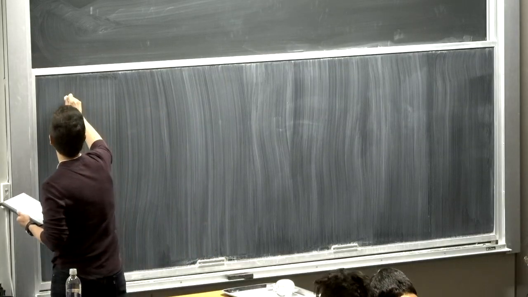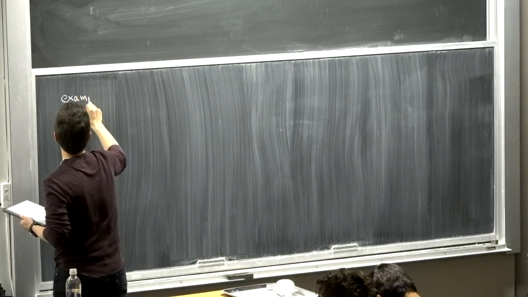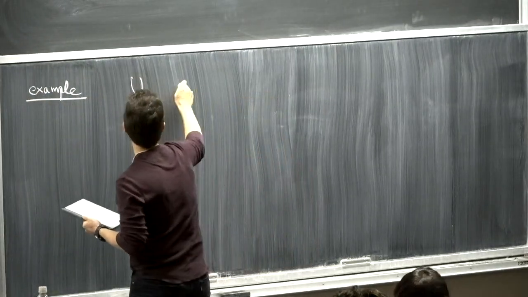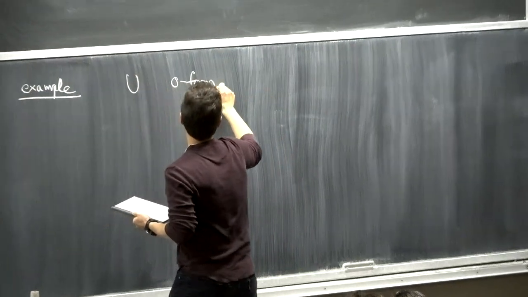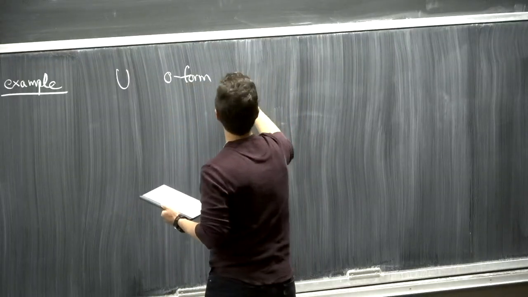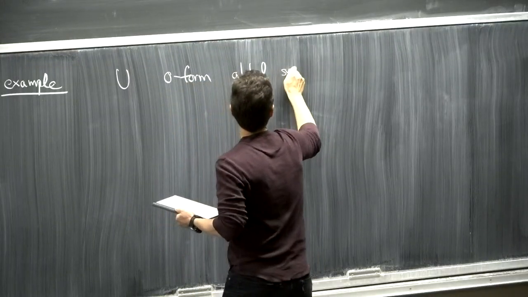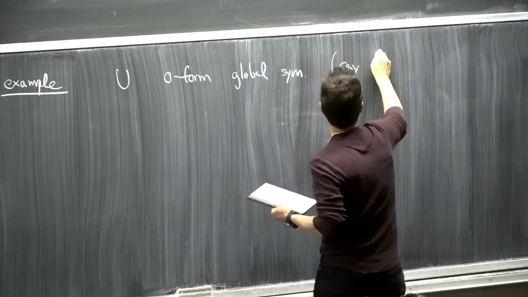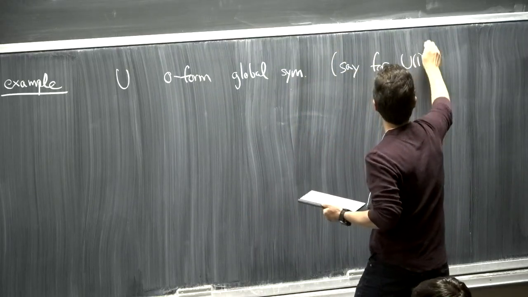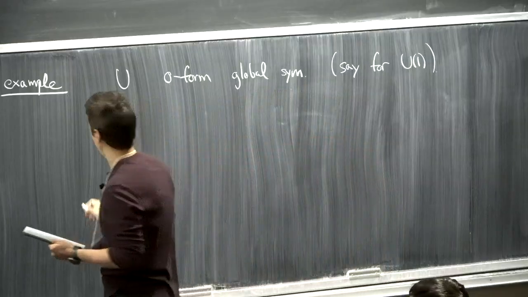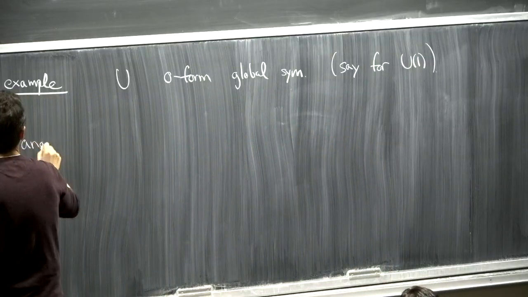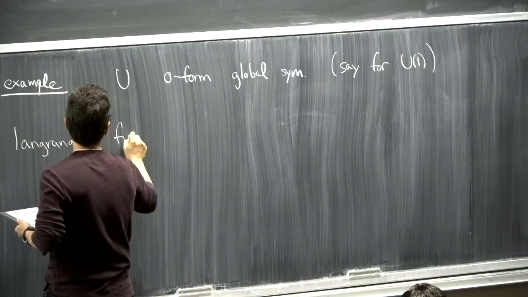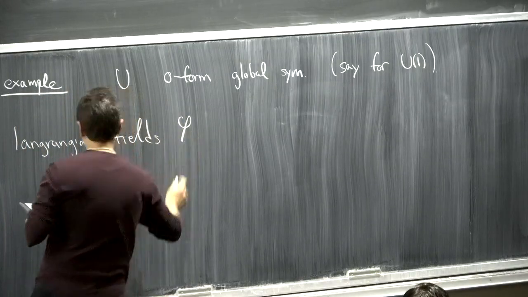Okay, so just as a side example, let's say U is a zero-form unitary symmetry, an ordinary global symmetry. We could even say for U(1), and we have some Lagrangian with fields phi.